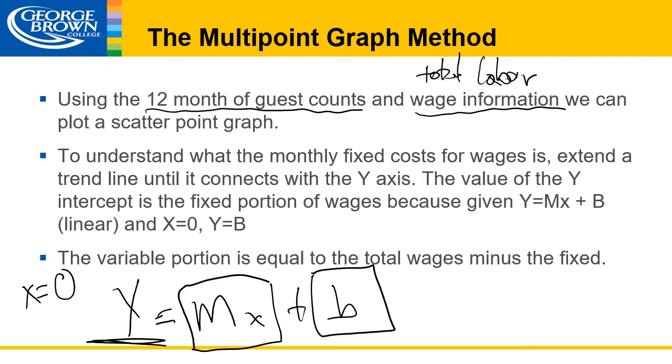So mx is now equal to 0, because if you multiply anything by 0, you get 0, and what's left over is y equals b. Where the line connects to the y-axis at 0, the value of y, or the y-intercept, is equal to b, which is the value of the fixed portion.